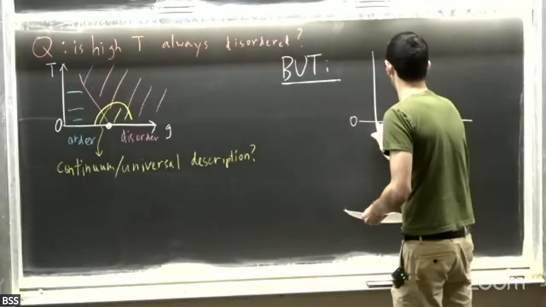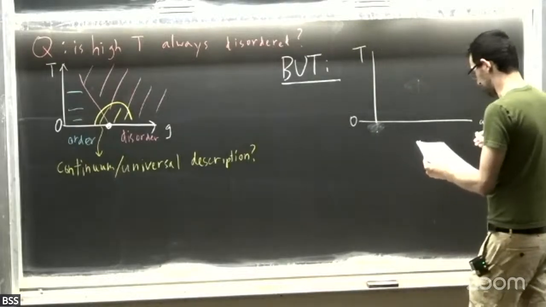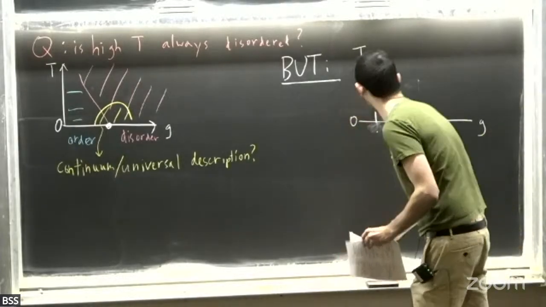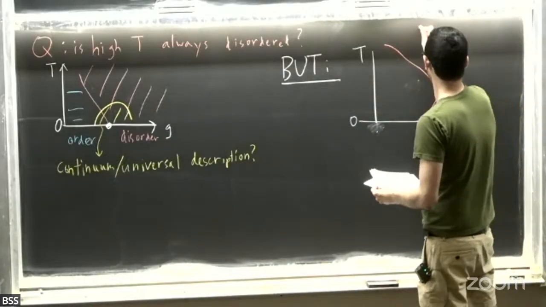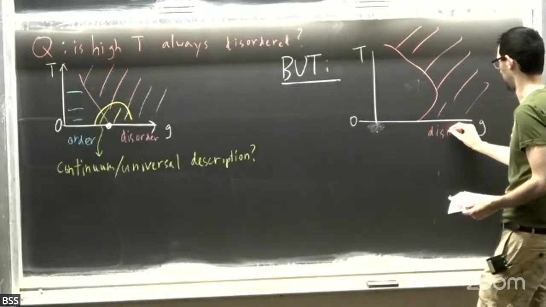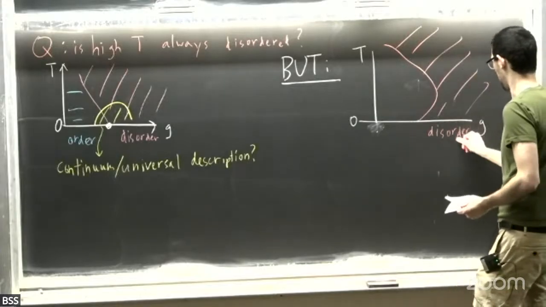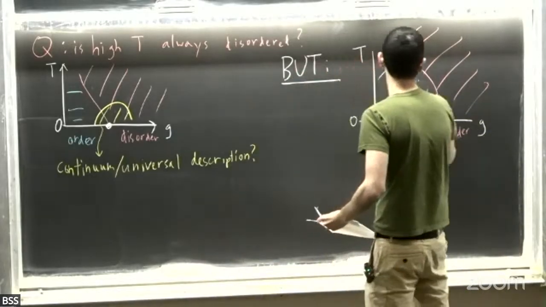Again, let me put my axes here. There exist systems, I'll ramble some of them off again in a minute, where this diagram might look something like this. Again, here I have the disordered part of the phase diagram, and here I have order.